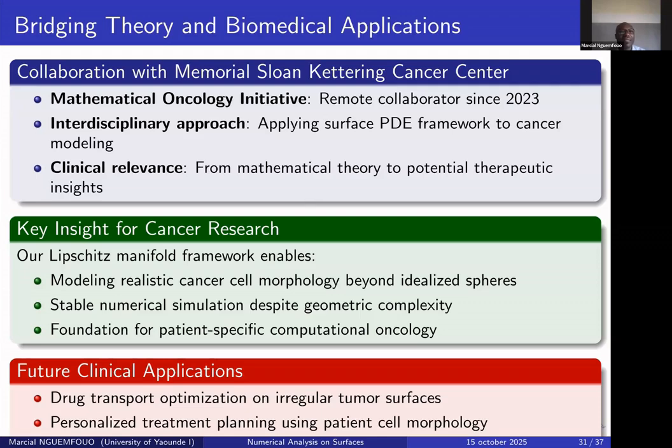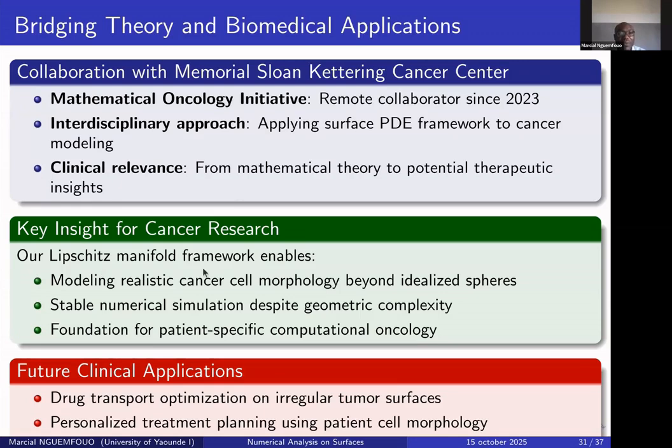The model can be extended to every kind of cancer modeling for advanced study. Interdisciplinary approach: applying the surface PDE framework to cancer modeling, as I said, with clinical relevance, from mathematical theory to potential therapeutic insight.